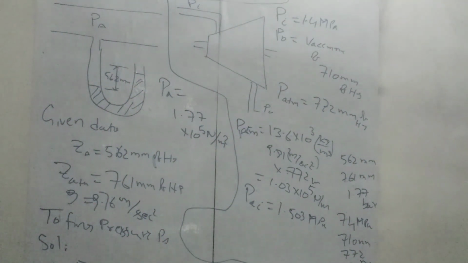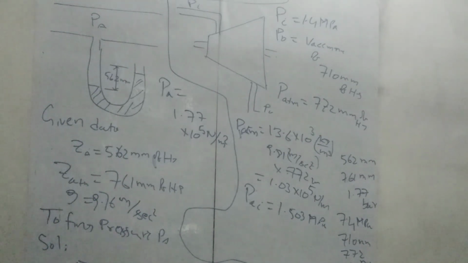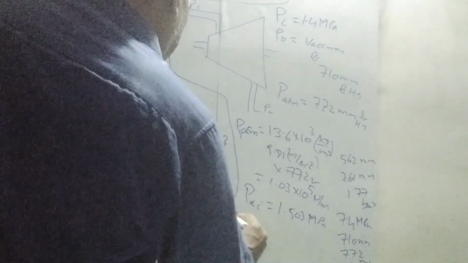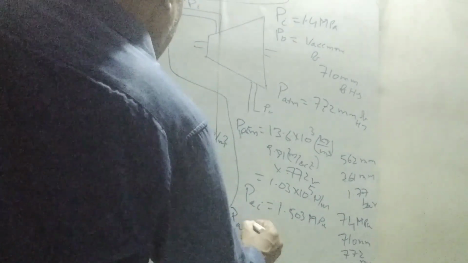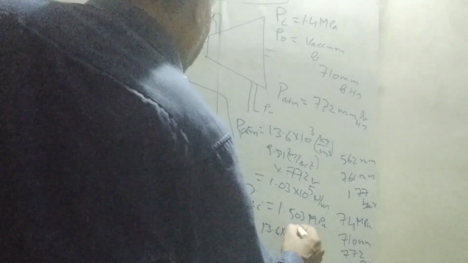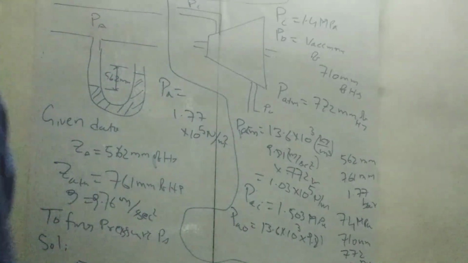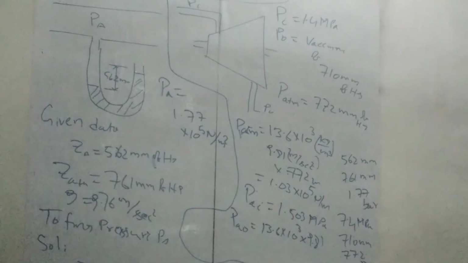Now this turbine expands this higher pressure to a low level value, and the absolute pressure at outlet is equal to 13.6 into 10 cube multiplied by 9.81. This time it's a vacuum, and 772 is the atmospheric pressure.